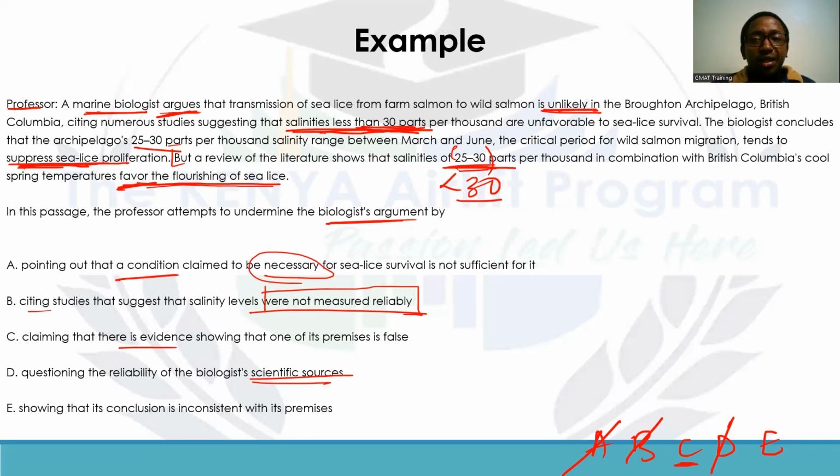Actually, the premises and the conclusion are at par, so they make sense. It makes sense to draw the marine biologist's conclusion from the premises. But what the professor does is introduce proof that one of the premises is false. The marine biologist's premises are actually consistent, so E is out and C is the answer.